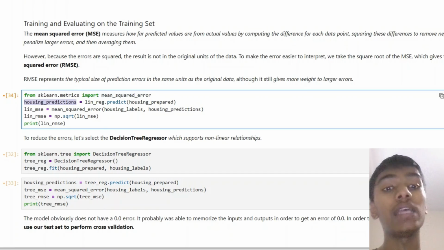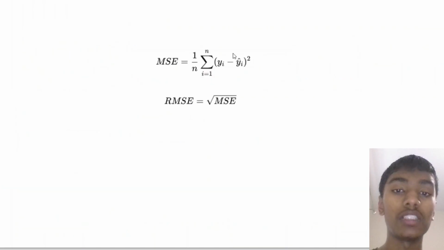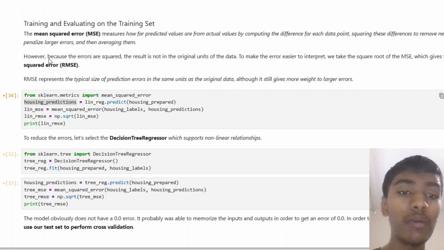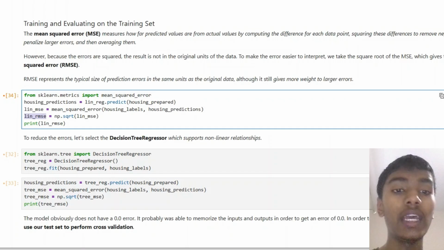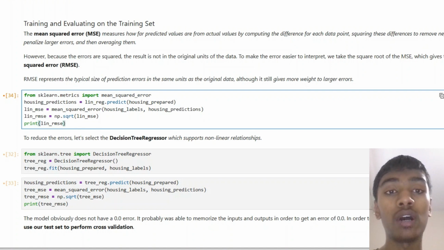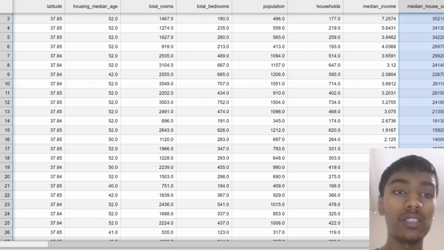And we're going to calculate a mean squared error comparing each of those data instances using the equation that you just saw. From there, you'll take the square root of the linear mean squared error. Then you're going to be able to print out the linear root mean squared error, and that's going to be the error in the original units that the median house value was in.